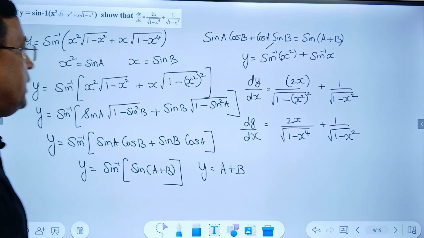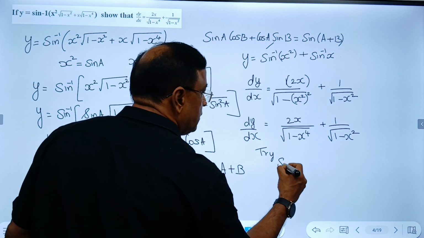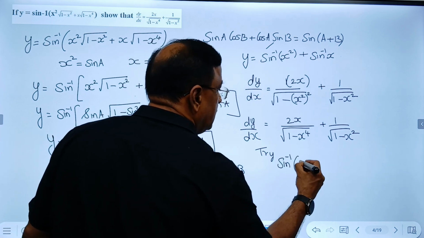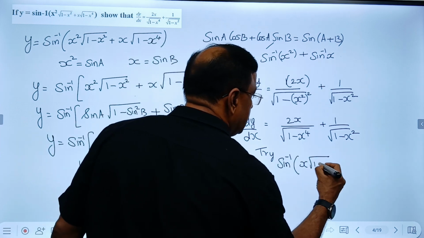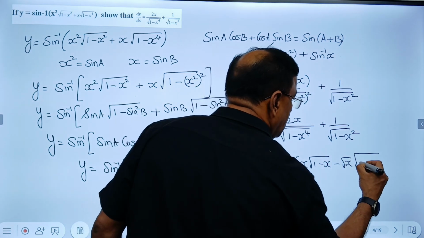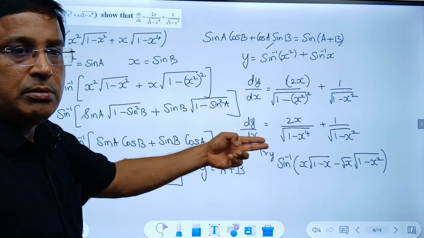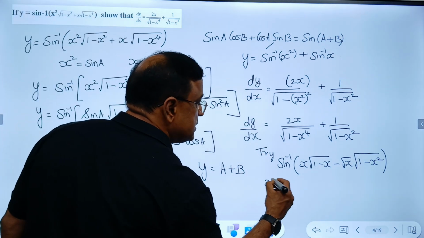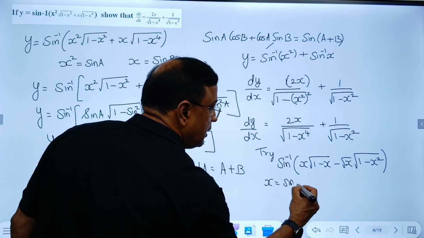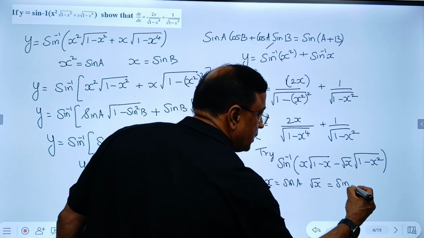Okay. So maybe I can give you one problem you can try. You can try this problem. You can try sine inverse of x into root of 1 minus x minus root x into root of 1 minus x square. It's exactly like the same problem. Here what you do, you put x as sine A and root x as sine B. Okay.